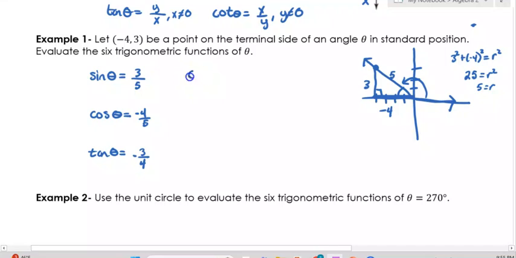Cosecant is the reciprocal of sine, so it's 5 over 3. Secant is the reciprocal of cosine, so that's -5 over 4. And cotangent is the reciprocal of tangent, so that's -4 over 3. All right, and that would be our 6 trig functions.